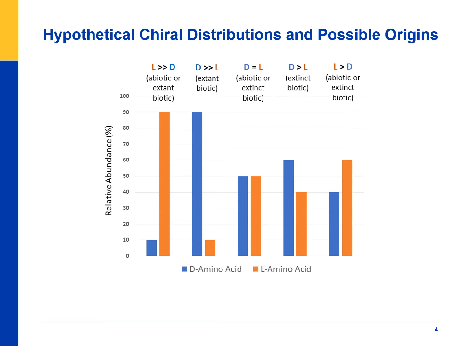So on this slide, I show some hypothetical amino acid chiral distributions and possible origins. Starting from the left, you see the case where left-handed amino acids are much, much greater than right-handed forms. This could, again, be either due to biology or could be abiotic chemistry, as we see in meteorites.